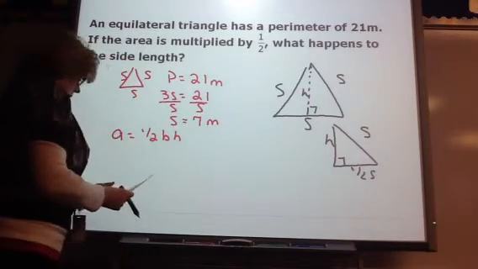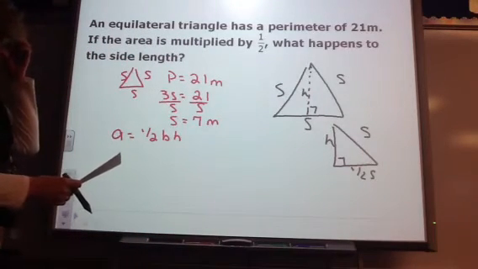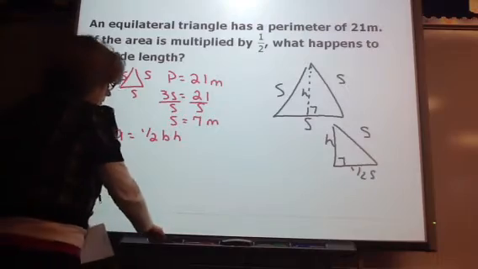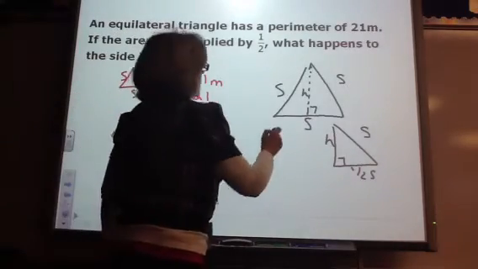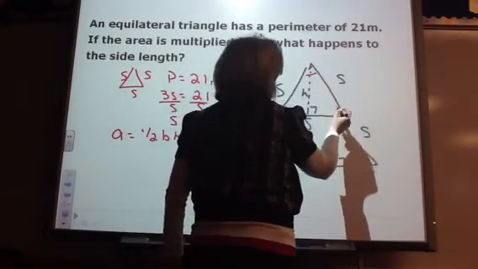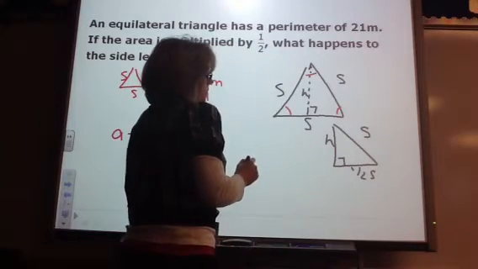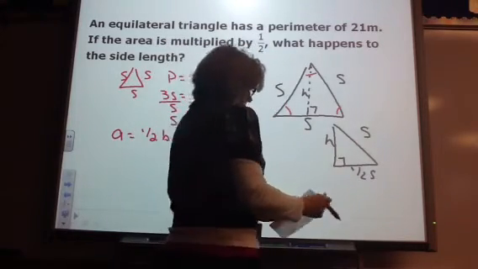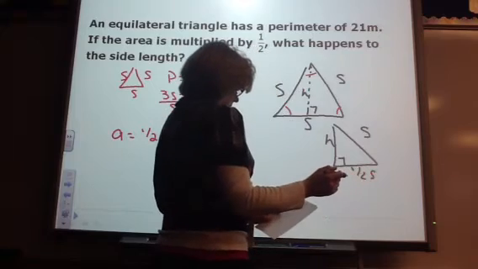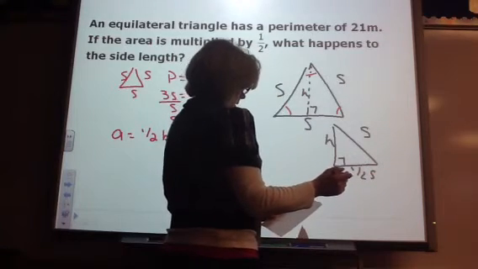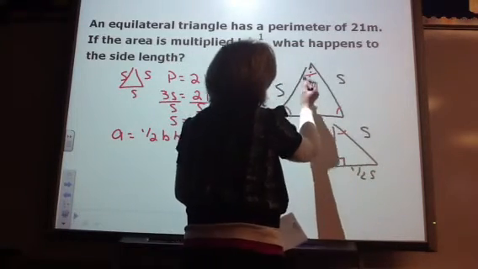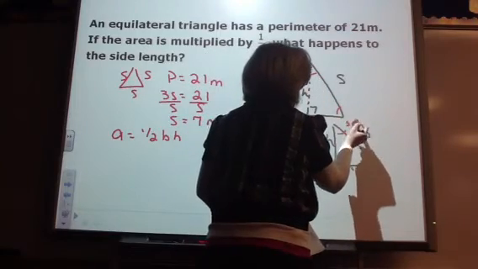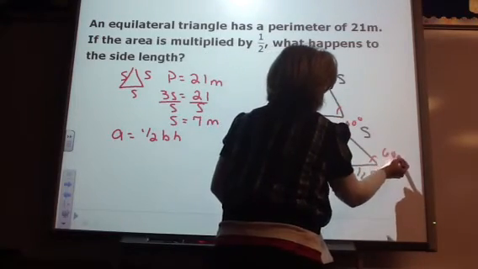So what we can do here is we can use our 30, 60, 90 rule, because each one of these angles are 60 degrees. So if this here is 30, because we cut that in half, this here is 60, okay?